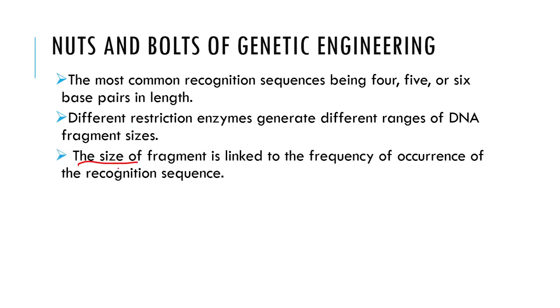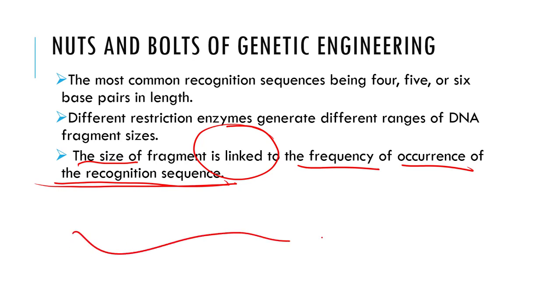As I have already explained, the size of the fragment is very closely linked to the frequency of occurrence of the recognition sequence, that is, how many times the recognition sequence is present in a particular molecule of DNA. The greater the number of sequences, the greater will be the number of DNA fragments.